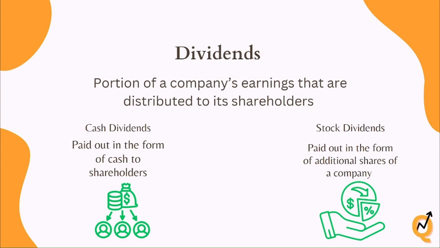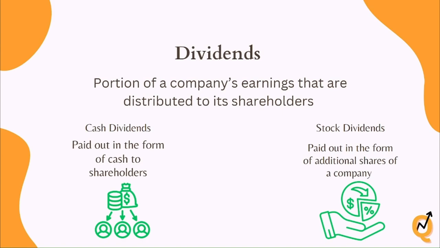So dividends are a portion of a company's earnings that are distributed to shareholders. That means that every set period by a company, if they offer dividends, buyers of stocks could get a payout in cash or more stocks depending on the proportion of stocks that they own.